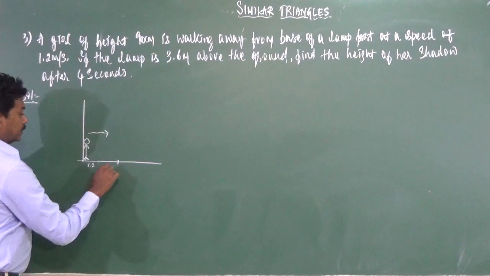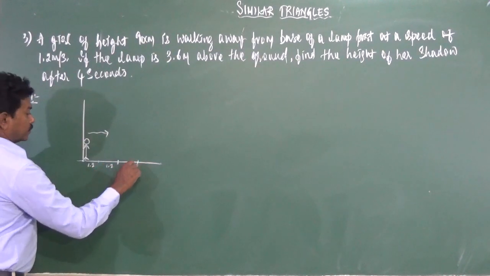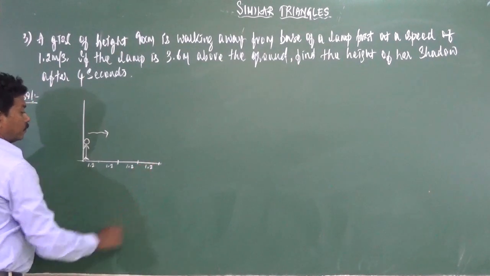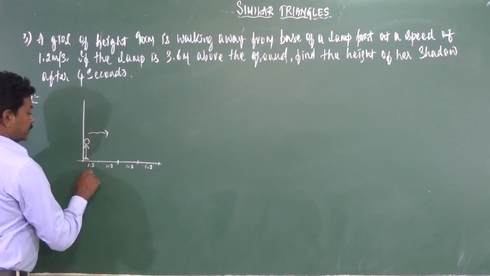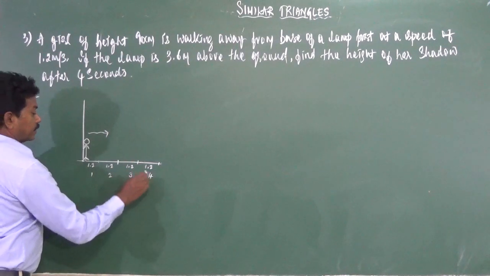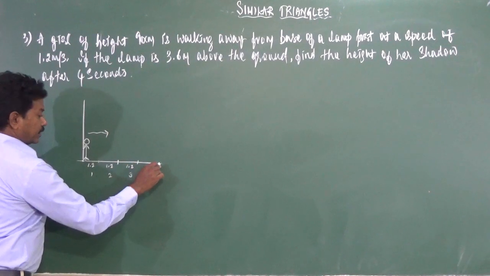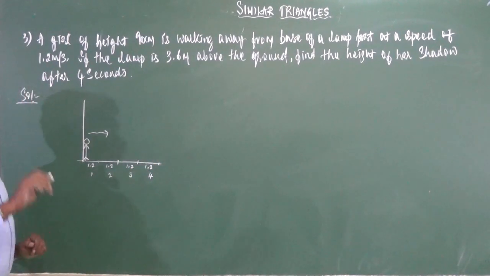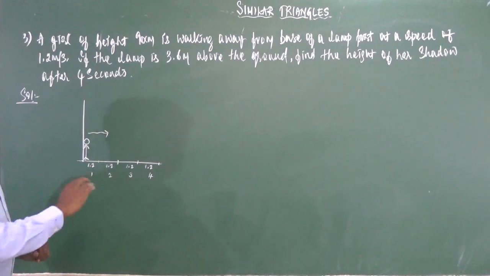For the second it is again 1.2 meters, for the third second 1.2 meters, for the fourth second 1.2 meters. So this is the first second, the second, the third, and the fourth second. At the end of the fourth second she completes her walking. She stops her walking.